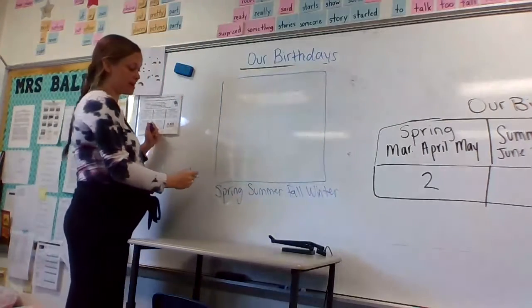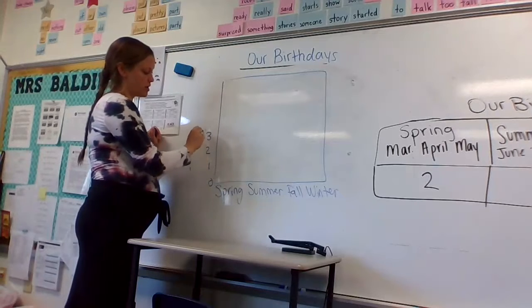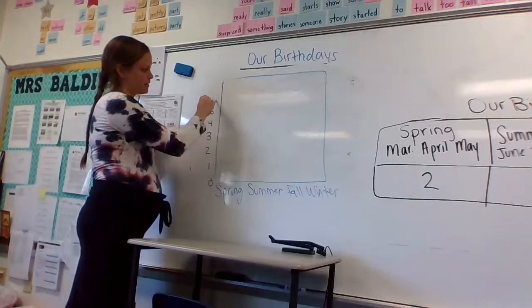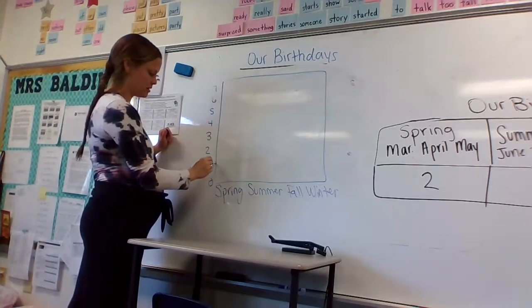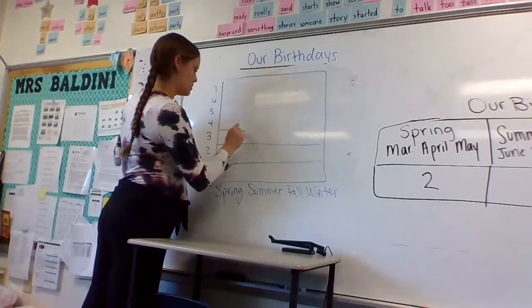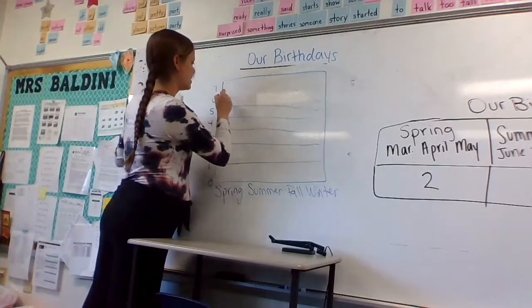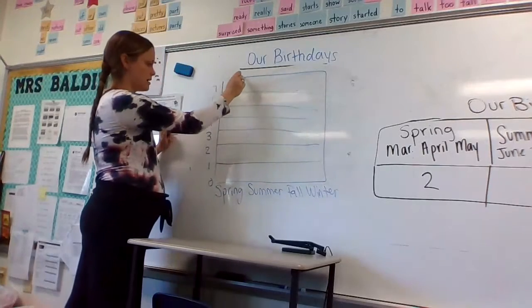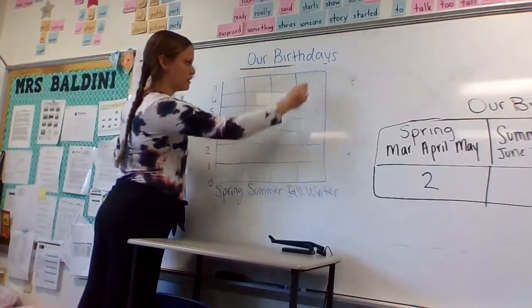And then I'm going to put my numbers going this way: 0, 1, 2, 3, 4, 5, 6, 7. Okay? And then 1 will be here, 2. You got to make sure your lines match up with your numbers. All right. And then spring, summer, fall, winter.